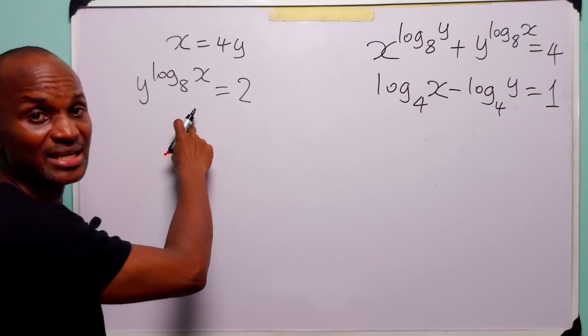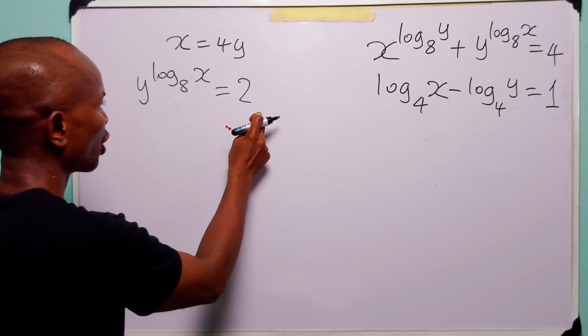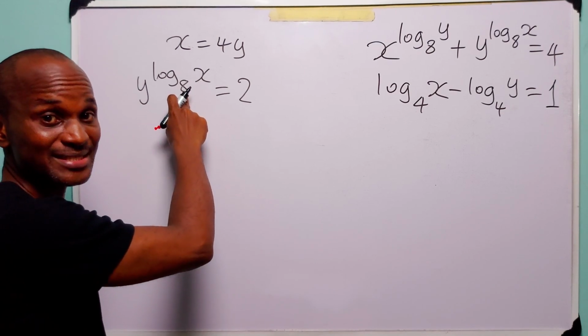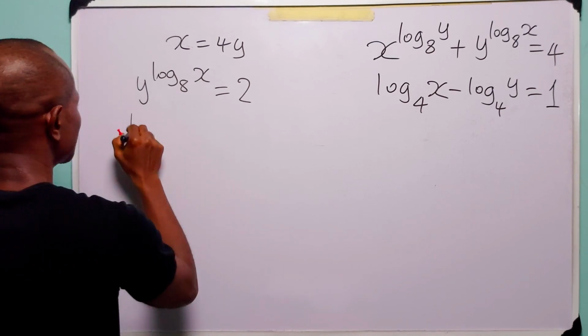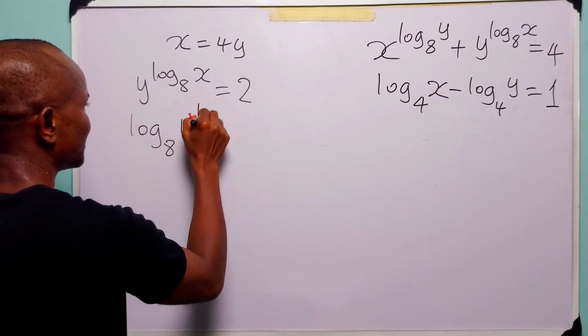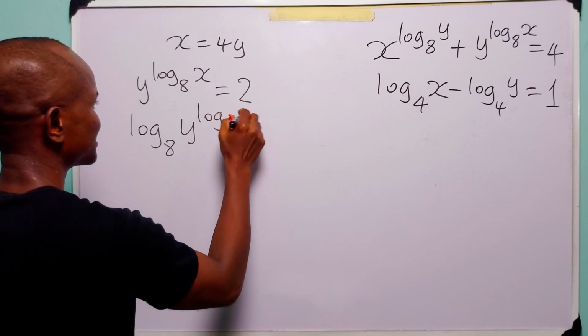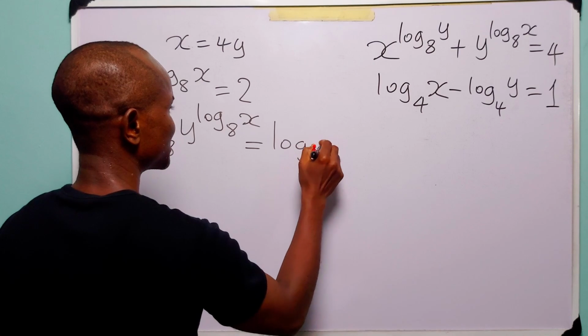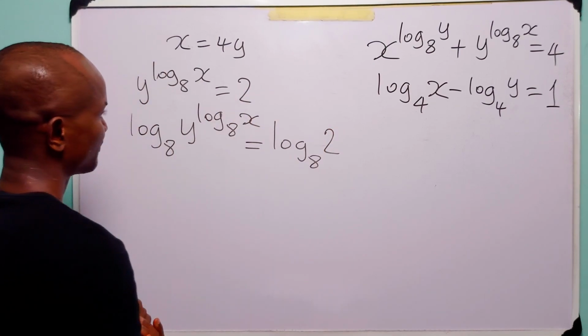Now, to further simplify this equation, let us take log of both sides. For uniformity, we are going to take log to base 8. So we have that log to base 8 of y to the power log to base 8 of x is equal to log to base 8 of 2.